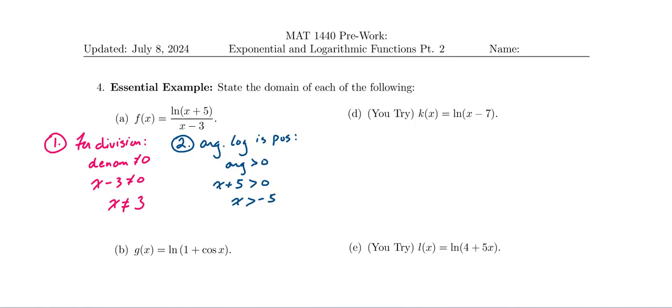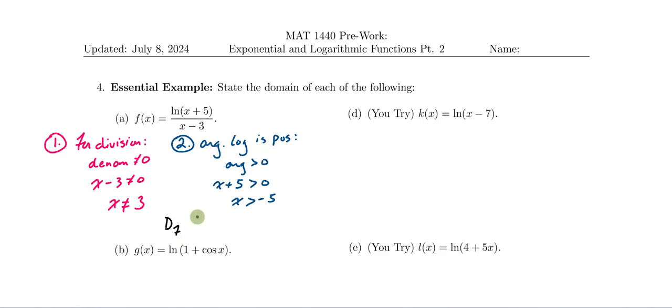And then when it comes time to give the domain of this function, the fancy math word is we're going to union together these two sets. This is all numbers except that x cannot equal 3, and this is all numbers for which x is greater than negative 5. And if we union those two together, we can give the domain, and let's do that in interval notation.